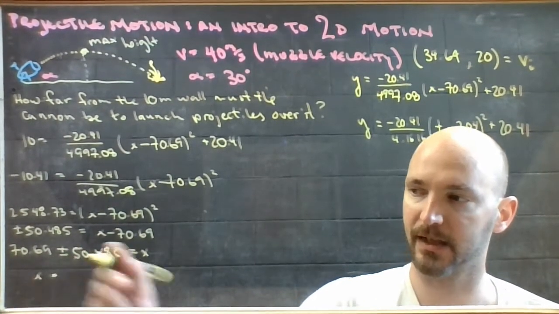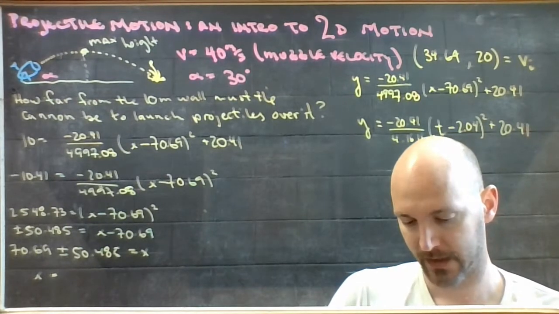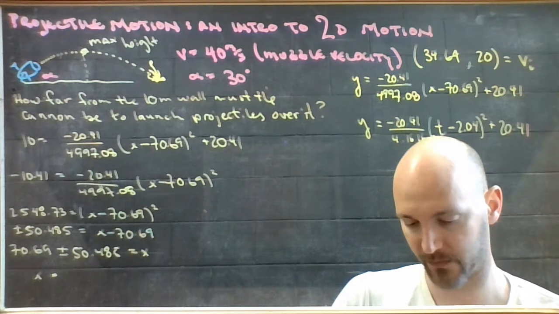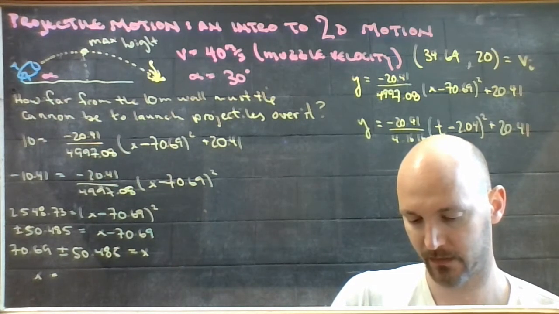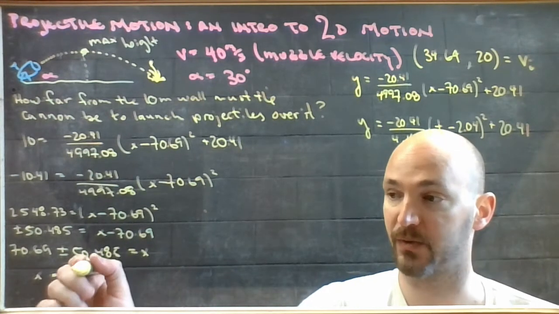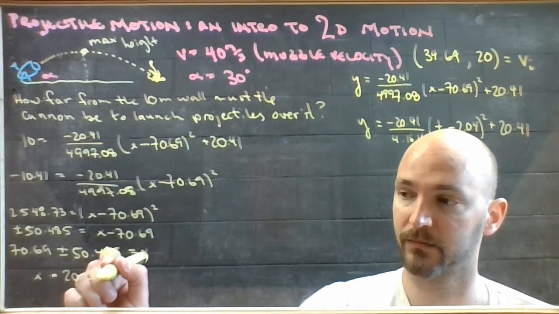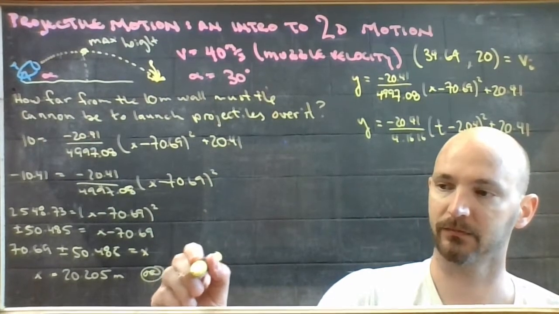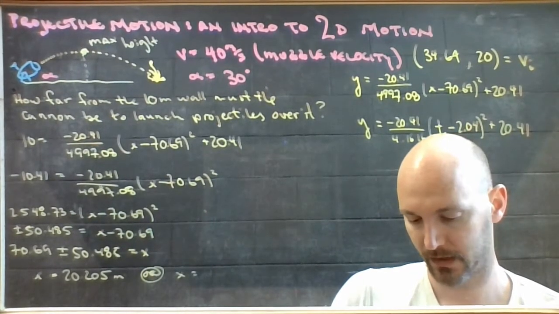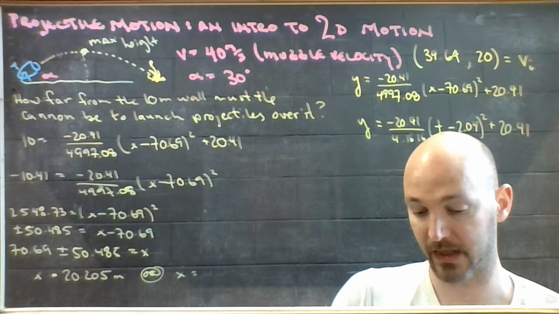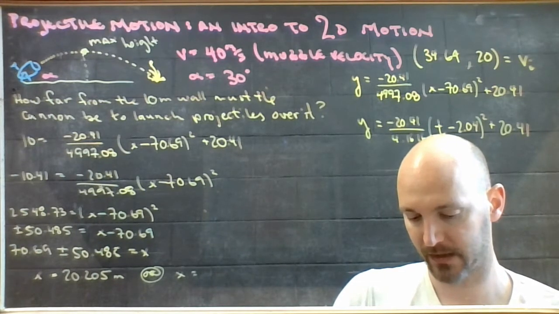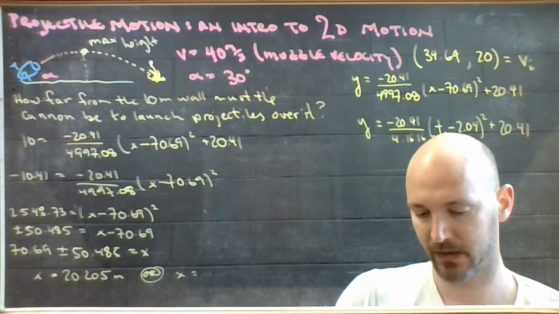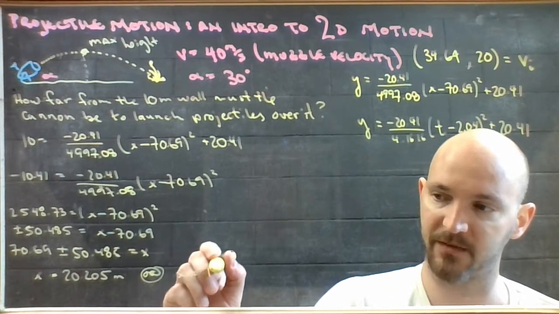So x is either 70.69 subtract 50.485. It's 20.205 meters. Or 70.69 plus 50.485, 121.175 meters.